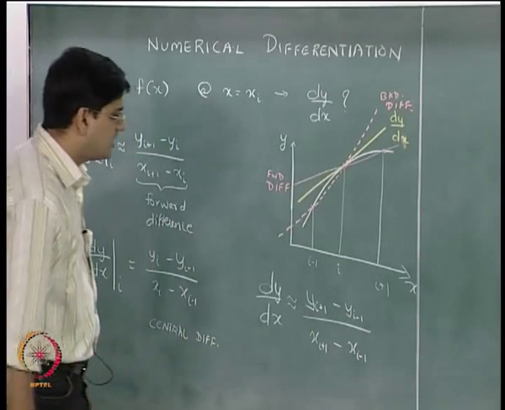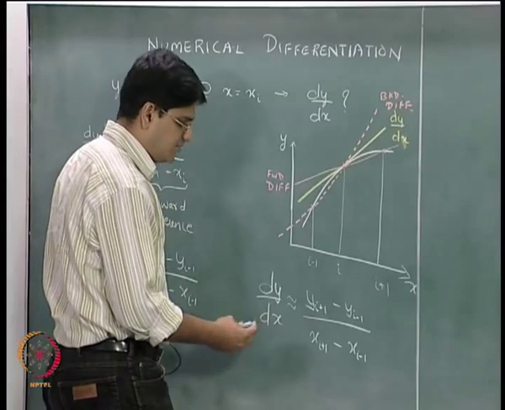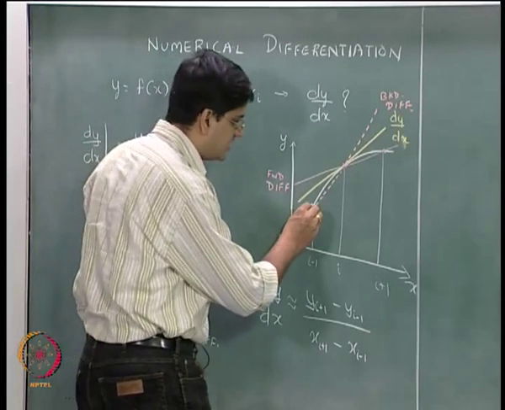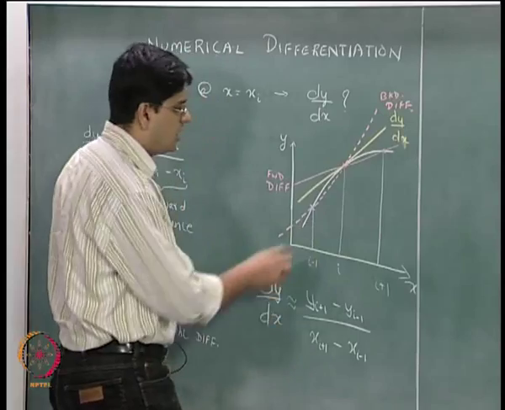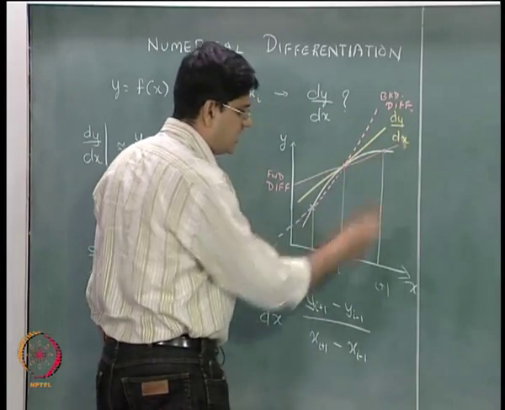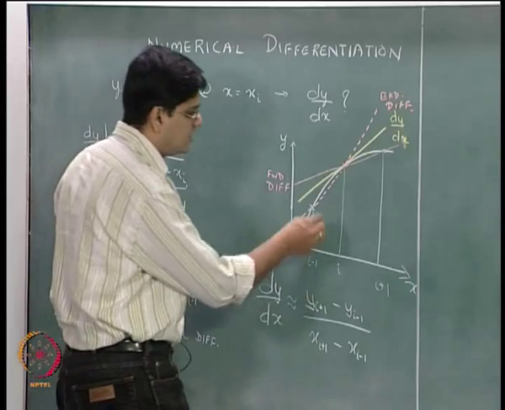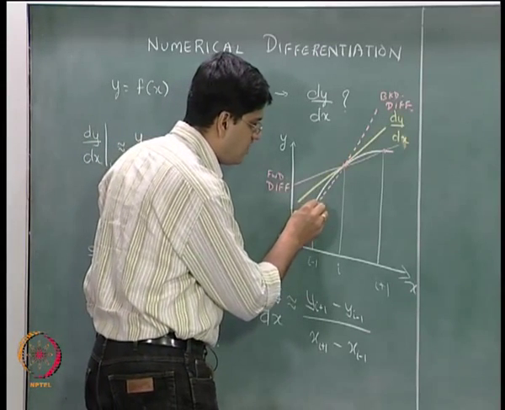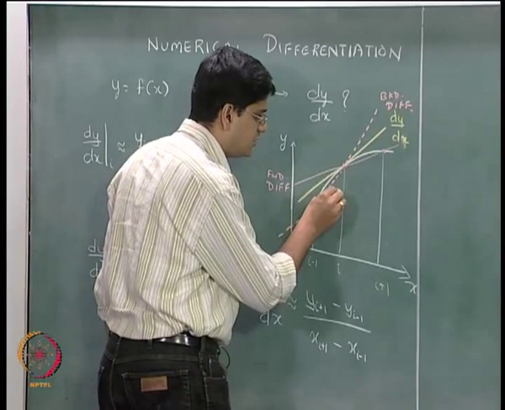What that is, it is nothing but the slope of the curve that joins the point x i minus 1, y i minus 1 with the point x i plus 1, y i plus 1.